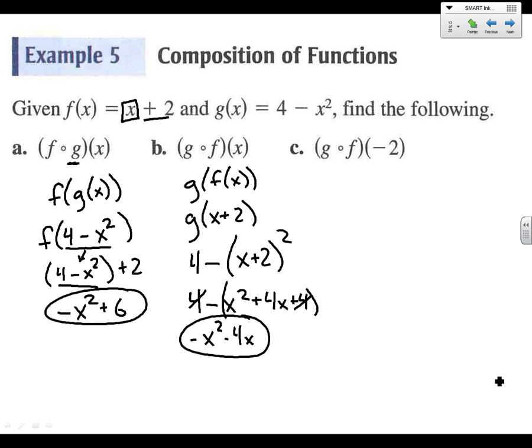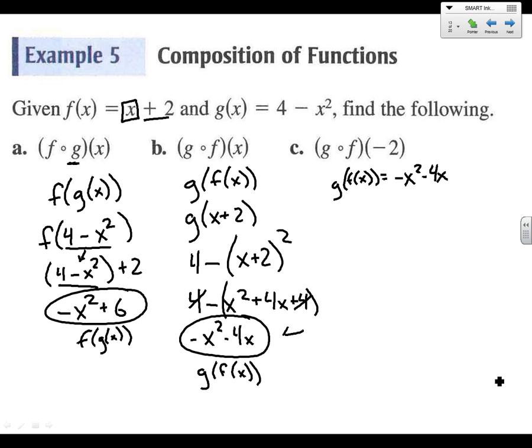Notice how f of g of x is very different than the answer we got when we did g of f of x. So then they say plug in negative 2. We know already that g of f of x equals negative x squared minus 4x.